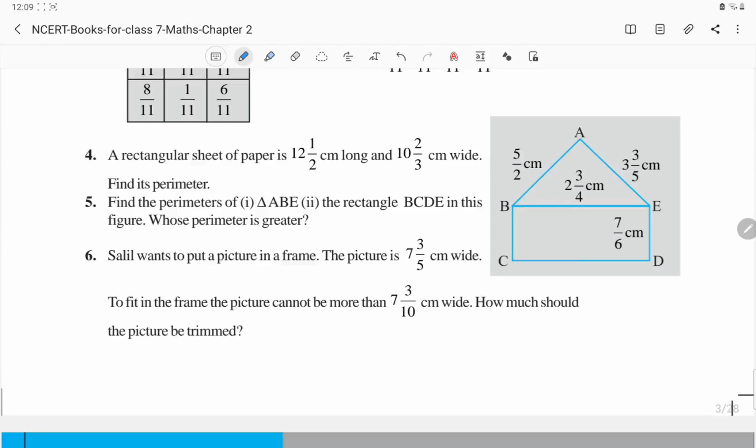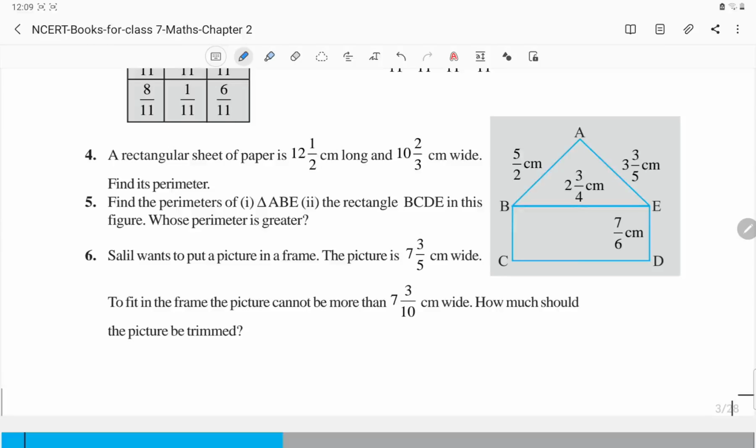Thirty seconds left. 10, 9, 8, 7, 6, 5, 4, 3, 2, 1.